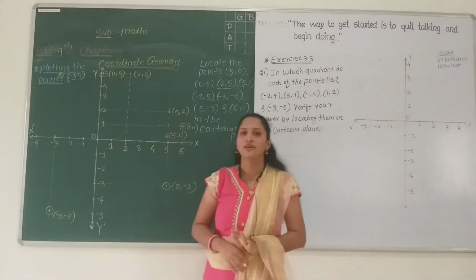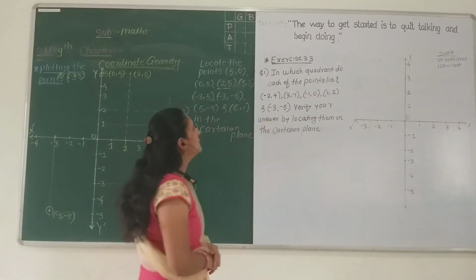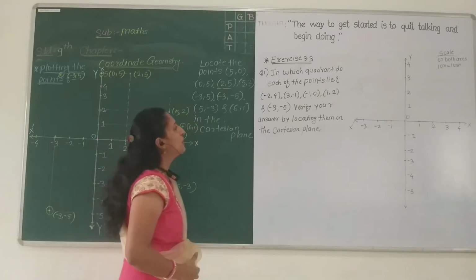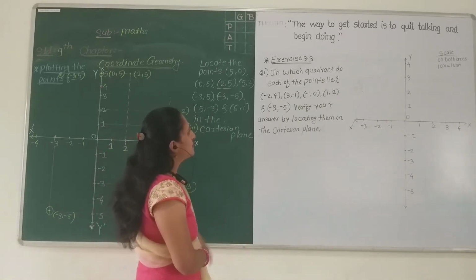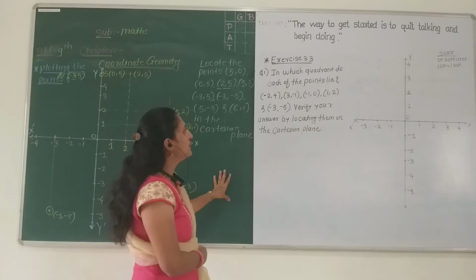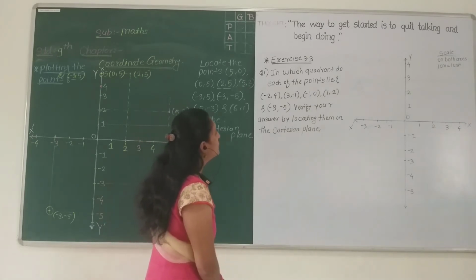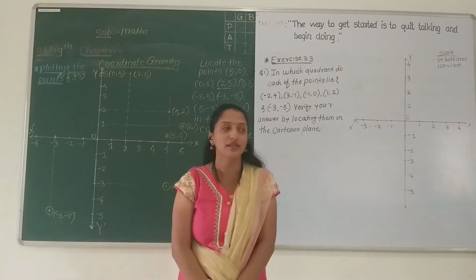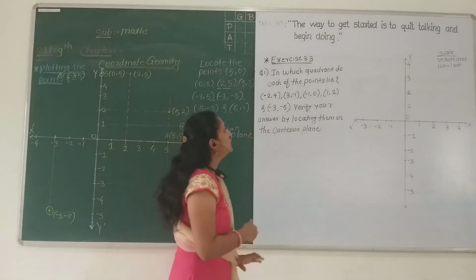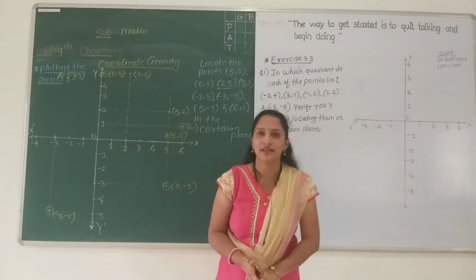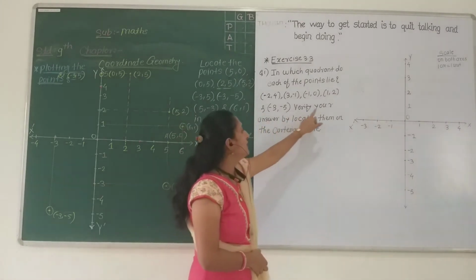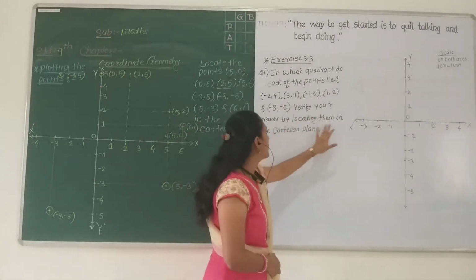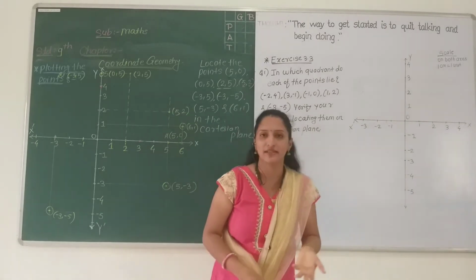Now look at exercise 3.3. The first question of exercise 3.3 is, in which quadrant does each of the points lie? This is a very important question. Also, verify your answer by locating them on the Cartesian plane.